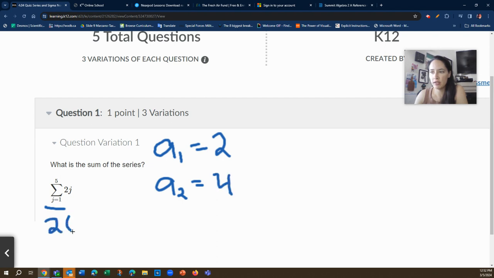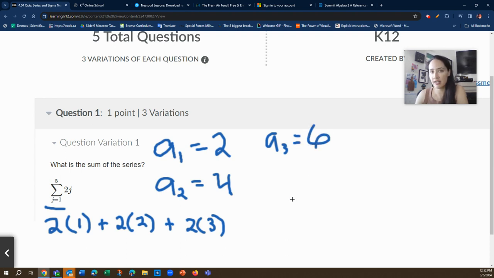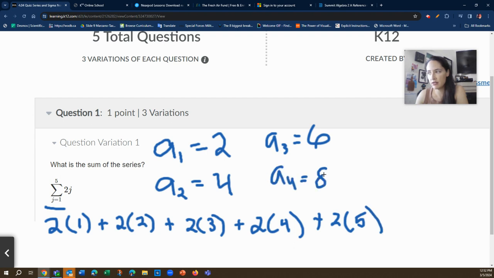Because we had 2 times 1 plus 2 times 2. That's our second term if we were thinking of a sequence. Then 2 times 3. That's like our third term in a sequence, not a series. Okay. 2 times 4 plus 2 times 5. So a sub 4 is 8. A sub 5, the fifth term, is 10.